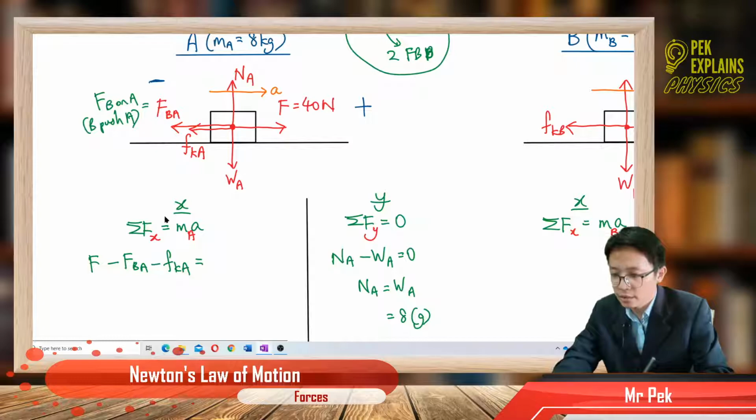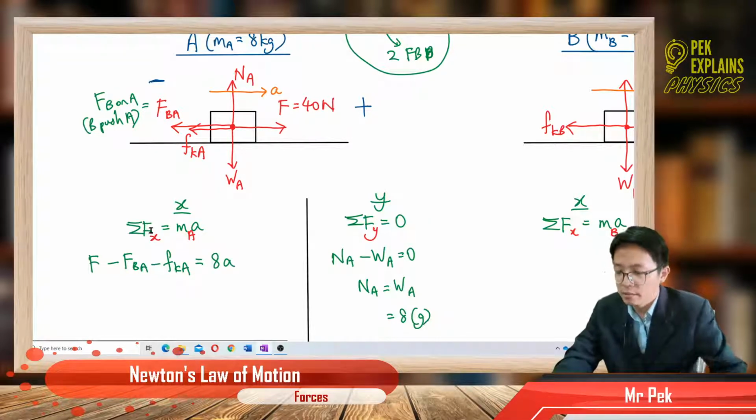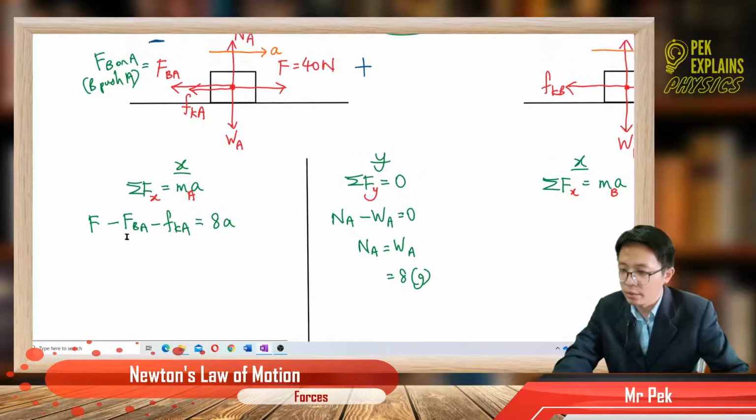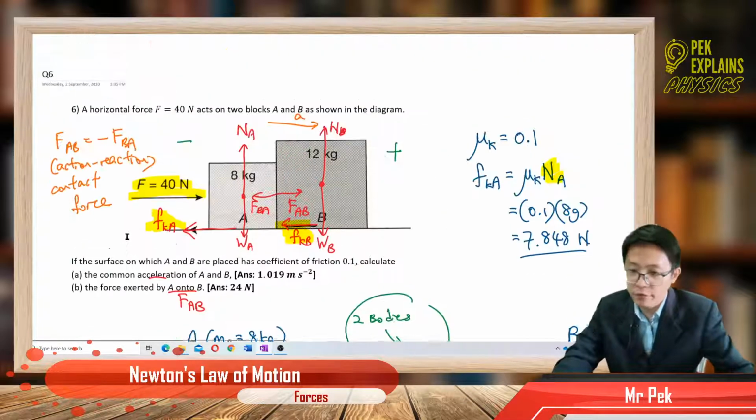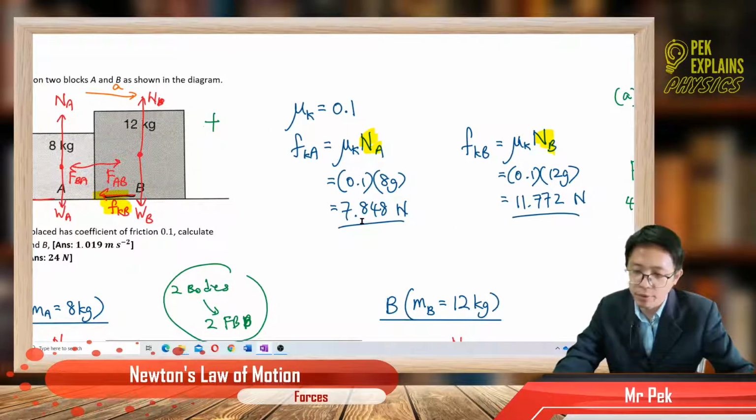So this is 8A. Mass A is 8 kilogram. Okay, so just substitute the value. F is 40. Contact force we want to find. And then friction we already got just now, 7.848.